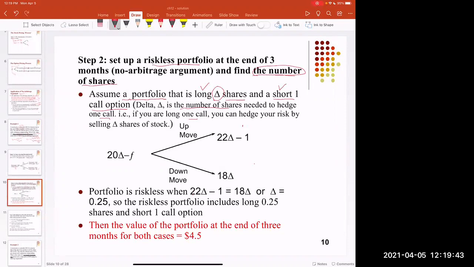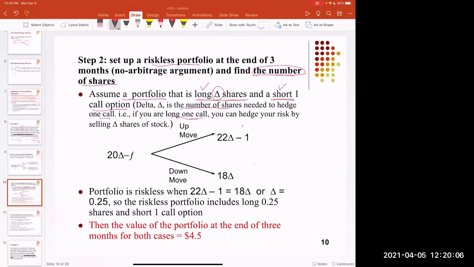So that's why we have to do long shares and short a call. You can do the other way, long call and sell shares. But no matter which way, you should be able to get the same answer. They should be one long and one short.